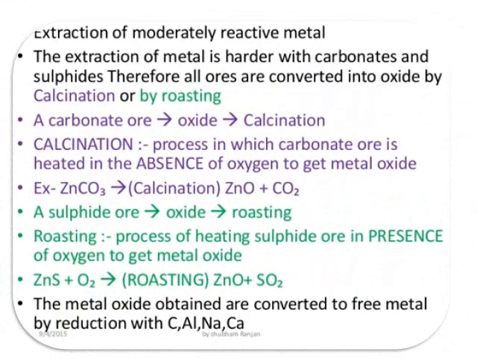Children, let us pass on to the extraction of metals present in the middle of the activity series, of medium reactivity. The metals in the middle of the activity series, such as iron, zinc, lead, copper, etc., are moderately reactive.